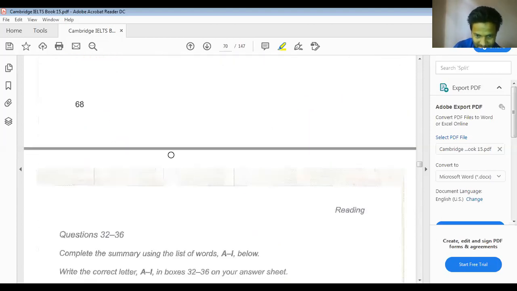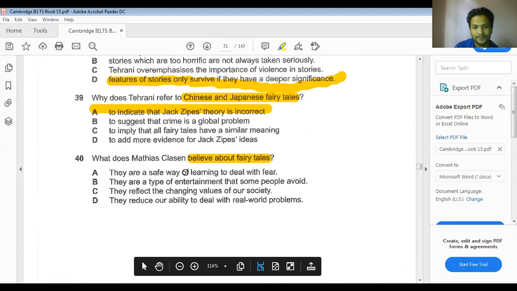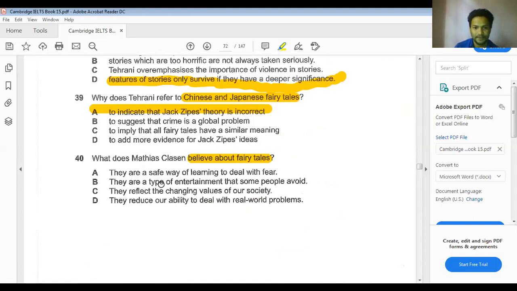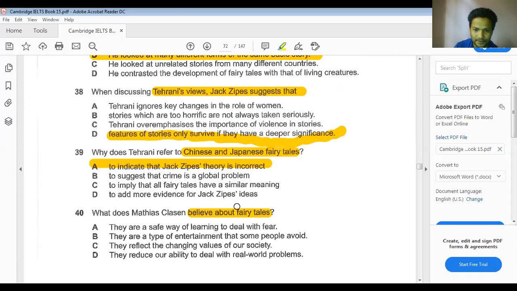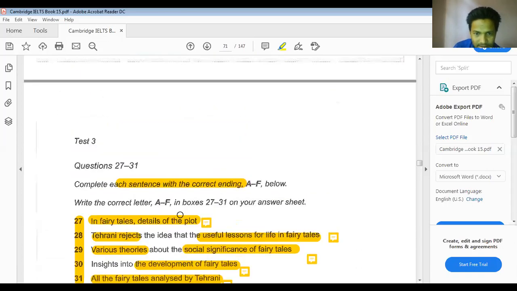Let's see here. Then we get the answer. They are a safe way of learning to deal with fear. They are a type of entertainment that some people avoid? No. They reflect the changing values of us? No. They reduce ability to deal with fear? No. They are a safe way of learning to deal with fear. It makes some sense.